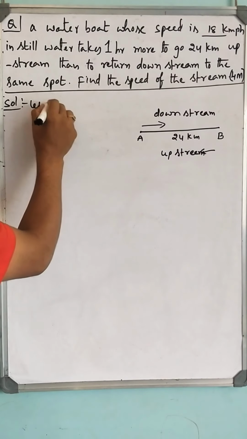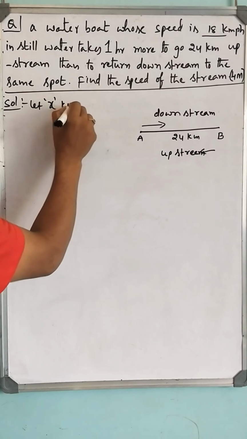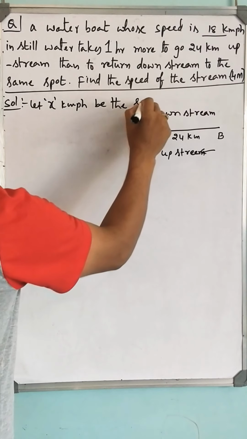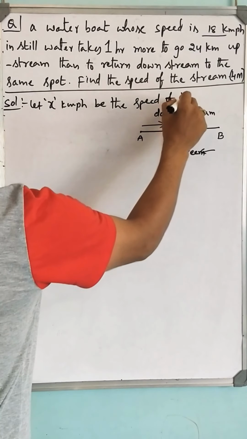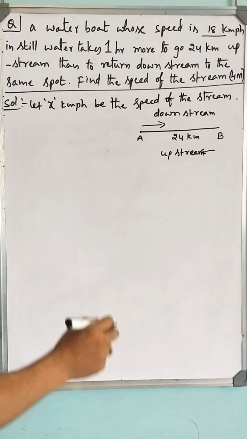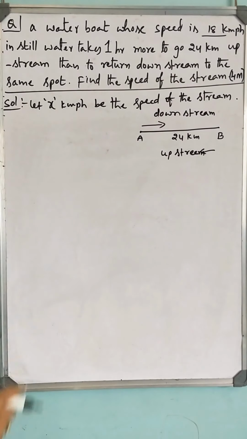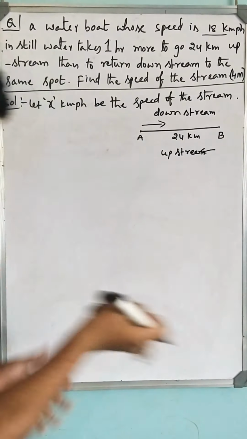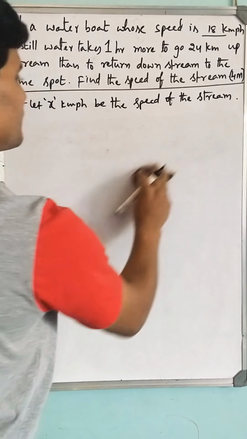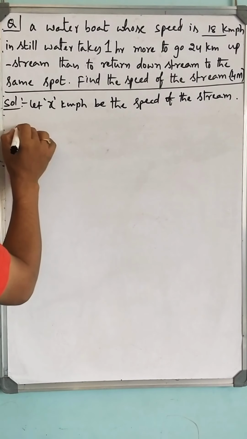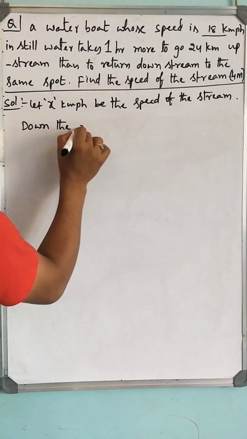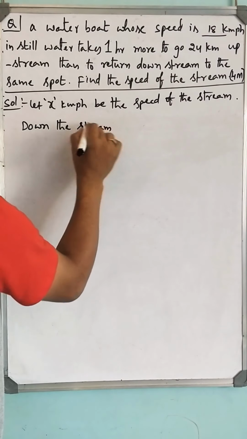Let x kmph be the speed of the stream. Then, down the stream, boat speed.